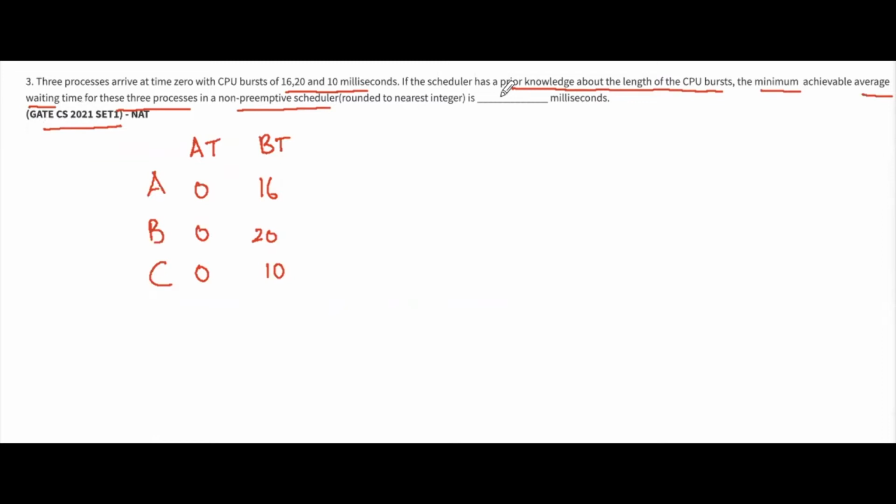If the scheduler has the prior knowledge, that is, before executing, it knows the burst time, that means the algorithm can be either SJF or SRTF, shortest job first or shortest remaining time first. And they have given one more condition, it is a non-preemptive scheduler. We know that SJF is a non-preemptive scheduler and SRTF is a preemptive scheduler. So we'll ignore SRTF and take SJF.